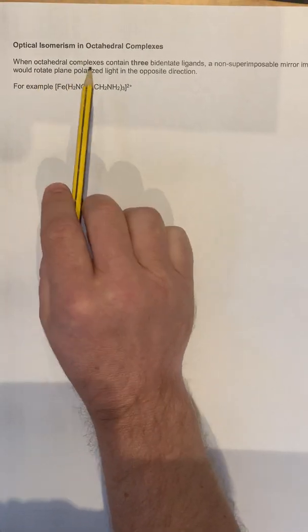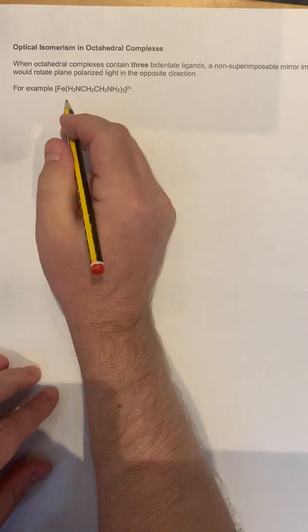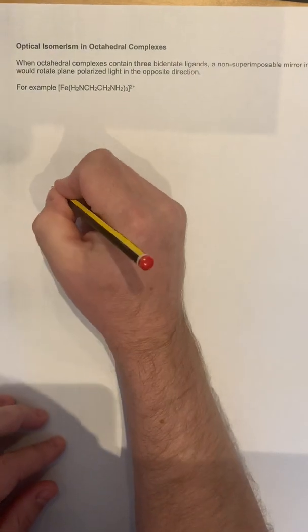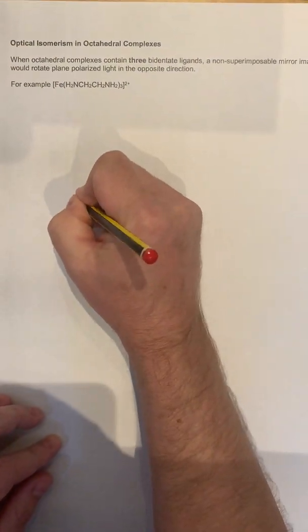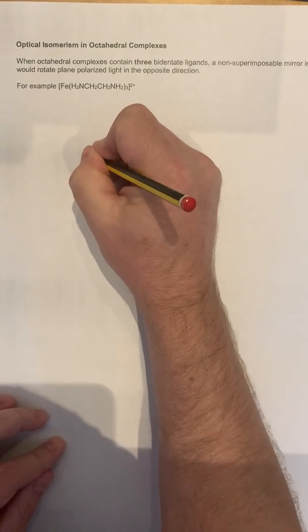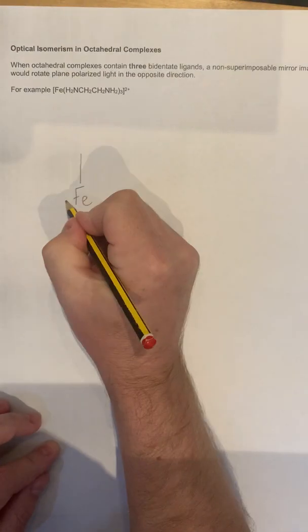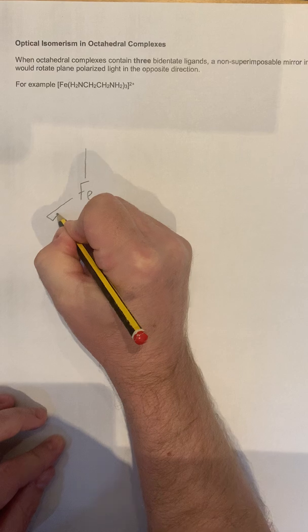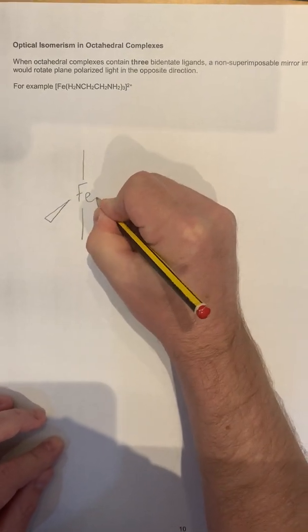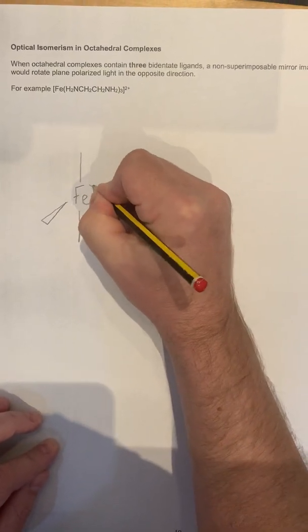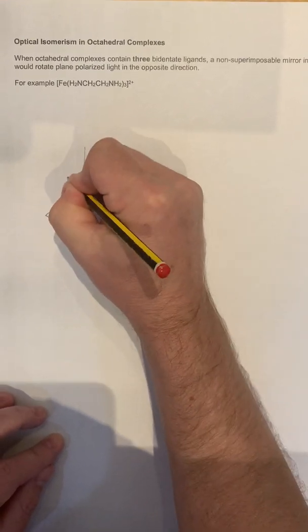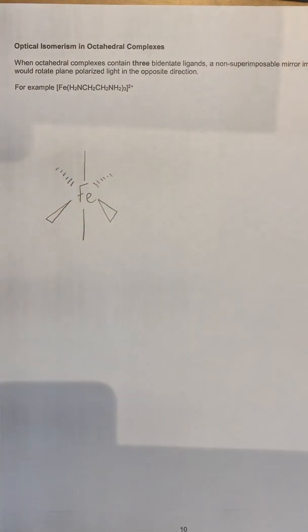Now, when we're looking at optical isomerism in octahedral complexes, you must make sure that you draw them with the wedges and the dashes. So if we draw the first one, I'll draw it on the left-hand side of the paper. So we've got the iron, then we're going to have the bond there, and the bond there, and then we show the 2 wedges, there, there, coming towards us, and then the 2 dashes disappearing behind.